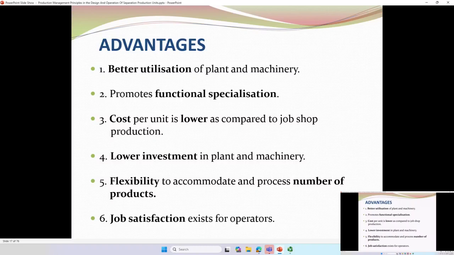So, job satisfaction exists for operators, because they pay you by the hour, 20 pounds per hour. Good. Also there is flexibility to accommodate and process a number of products. Do you know the reason for this?